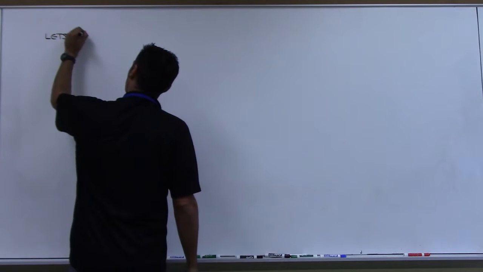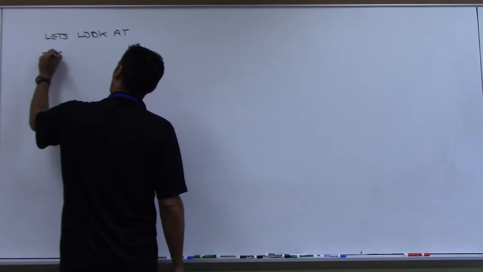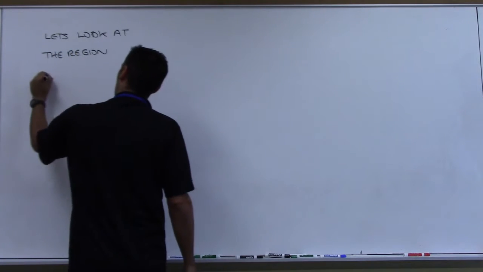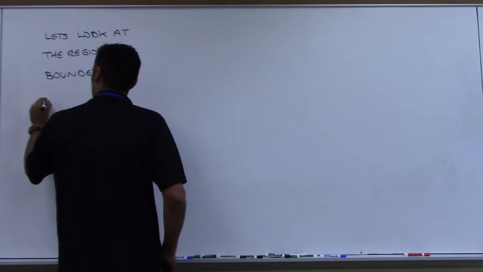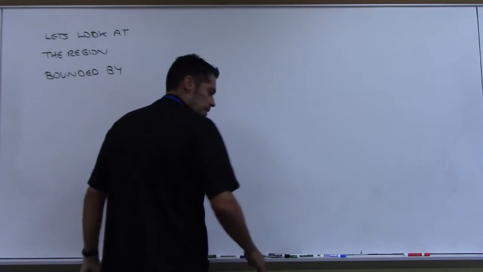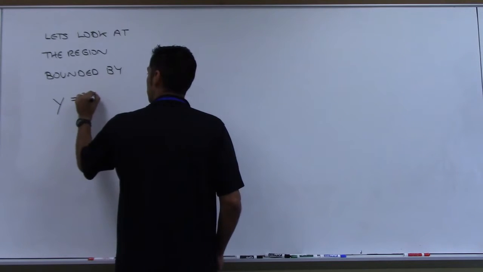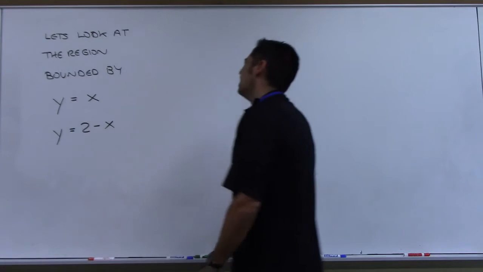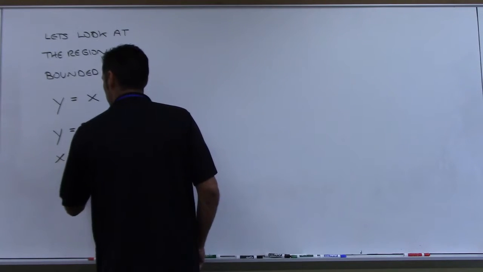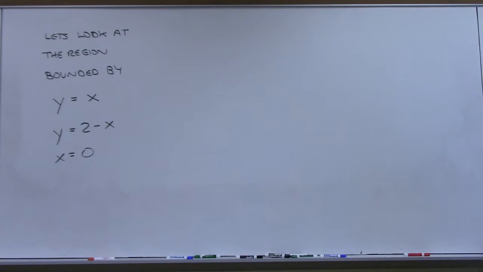Let's look at the region bounded by y equals x, y equals 2 minus x, and x equals 0. Let's take a look at that region bounded by those curves. So I'm going to draw it.